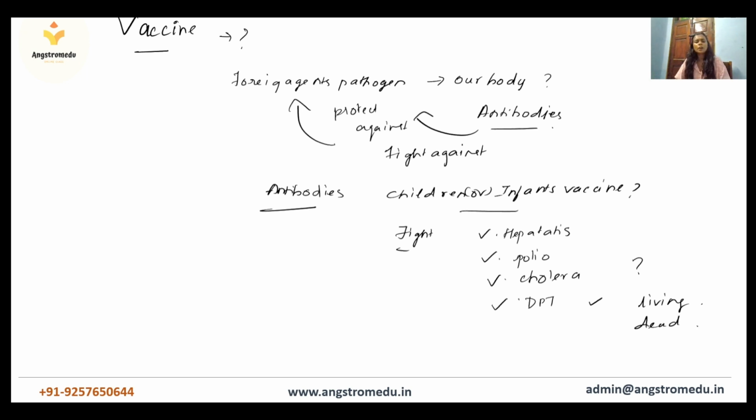Just think about the most recent vaccine we have all taken. The recent vaccine is the corona vaccine, right? Why did we take the corona vaccine? In order to prevent corona. So by taking this vaccine, what happens in our body?